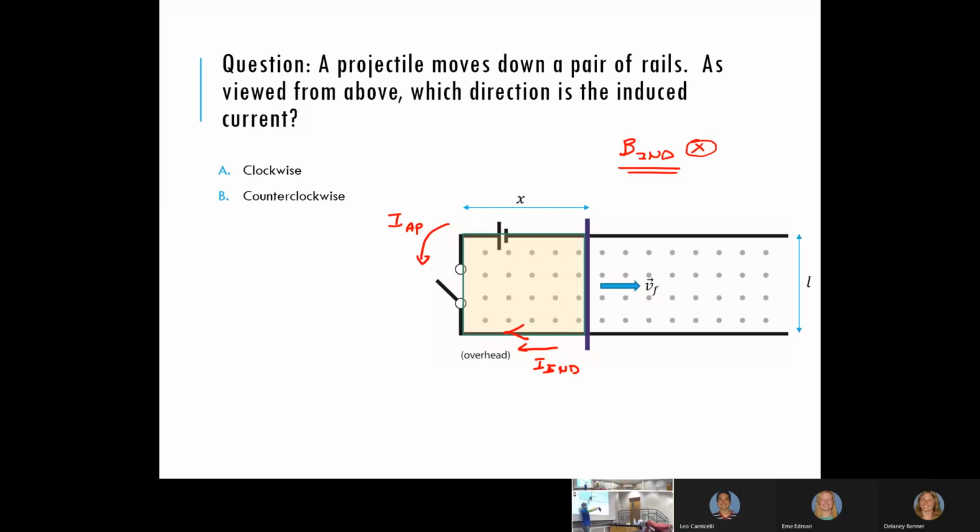The magnetic field is coming out of the board at you. I should have said, I want it on the movable bar, not the rail. Current's going down, the magnetic field's coming out at you. The force acting on the current flowing through that bar is going to the left. My right, your left.